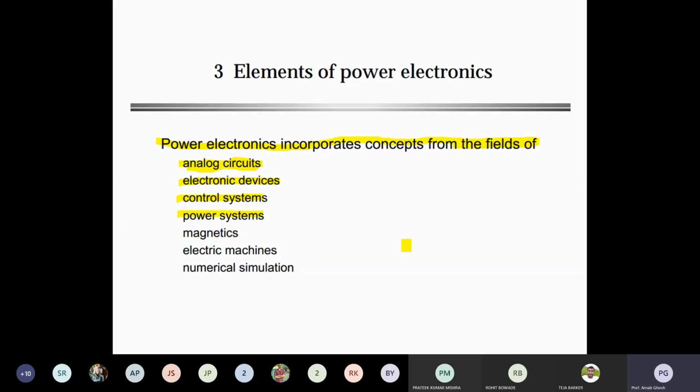All the renewables are directly connected to your grids, normally interfaced through power electronics converters. The grid may be in a standalone condition, an islanded condition, or a grid connected condition.